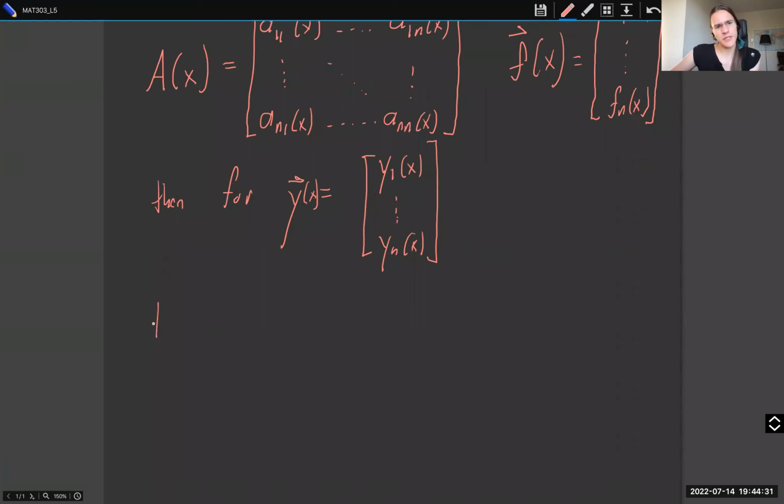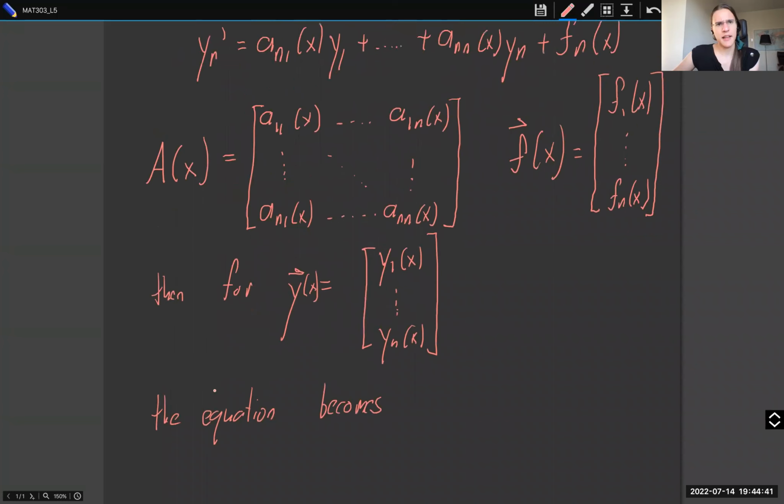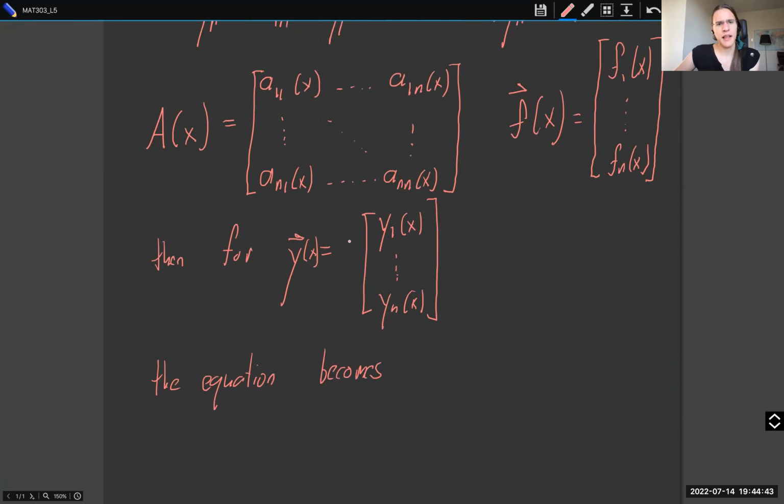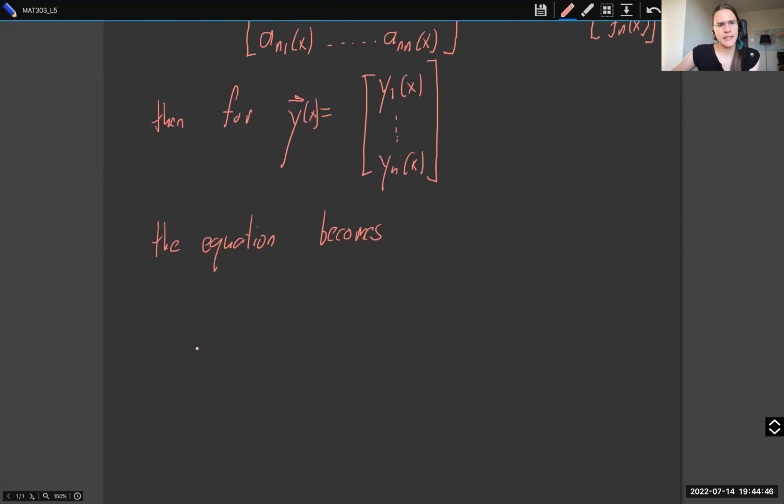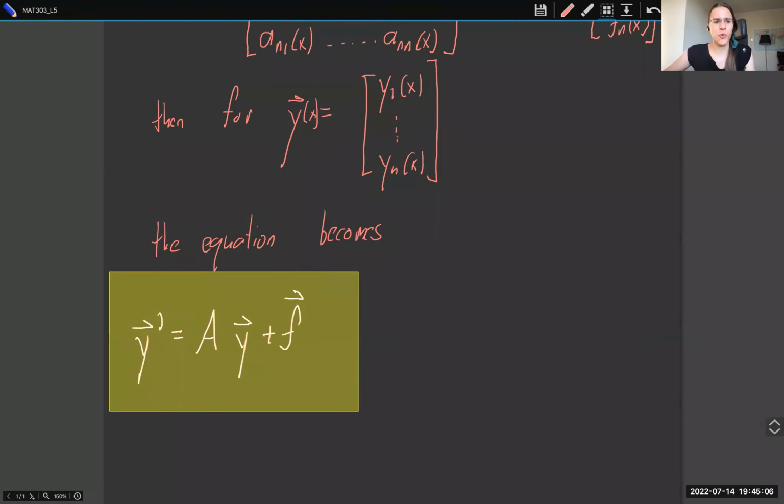The equation becomes that A times the vector version of y plus the vector version of f is equal to the derivative of y. And so this is an equation for the unknown vector valued function y.